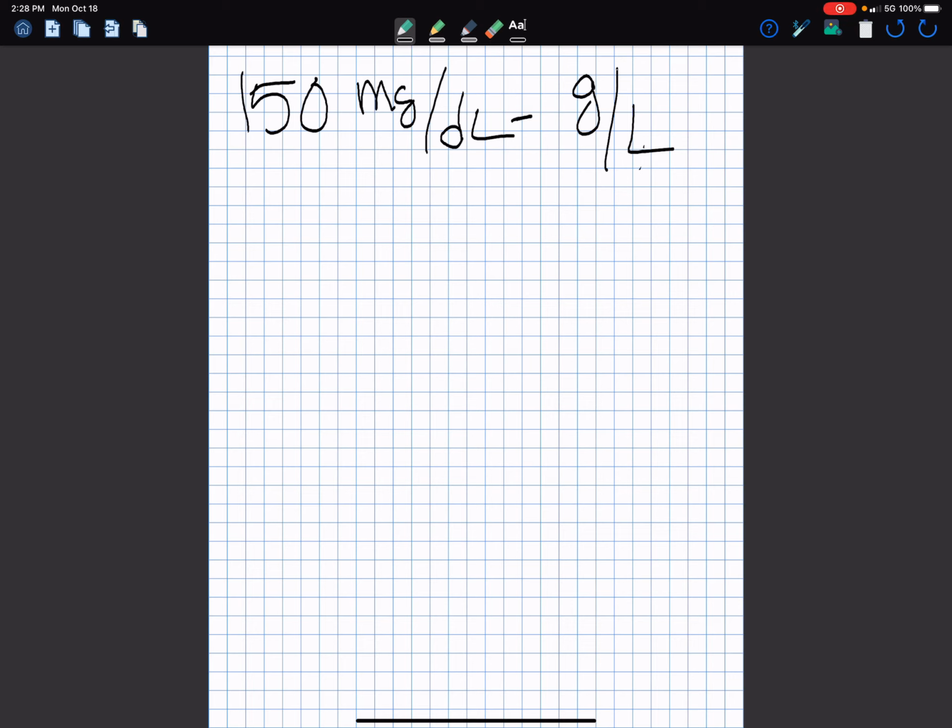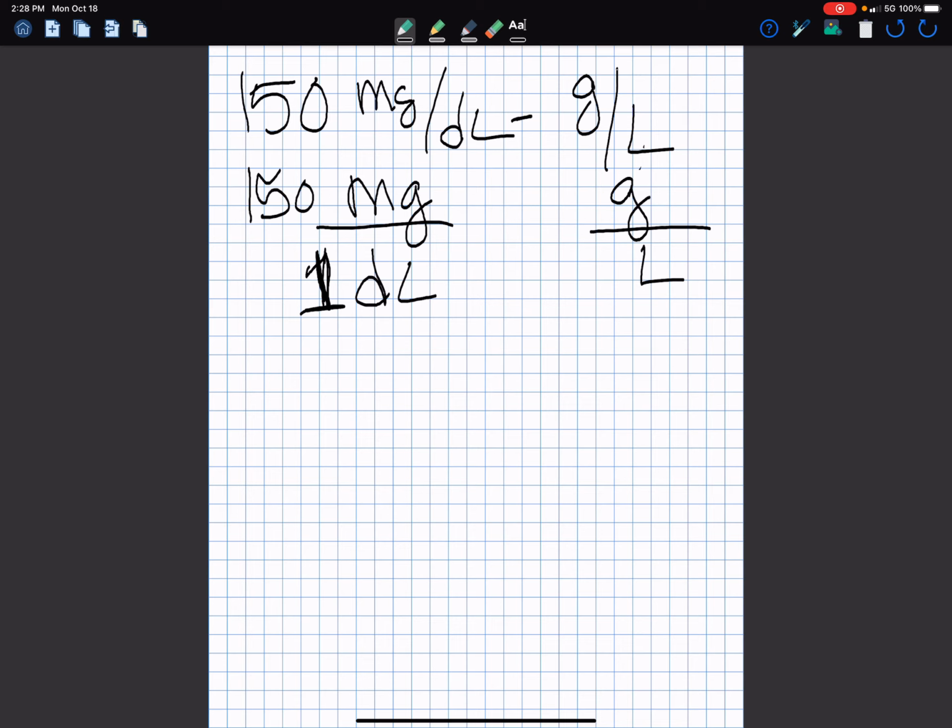Number 1, we've got a numerator of milligrams and grams, and we've got denominators that are different, deciliters and liters. Now, look at these. You've got 150 milligrams per every one deciliter. So if there's not a number in front of it, it's understood to be 1.